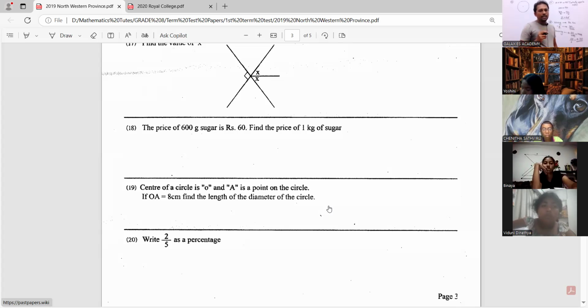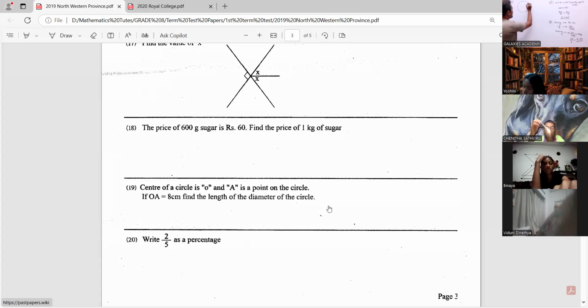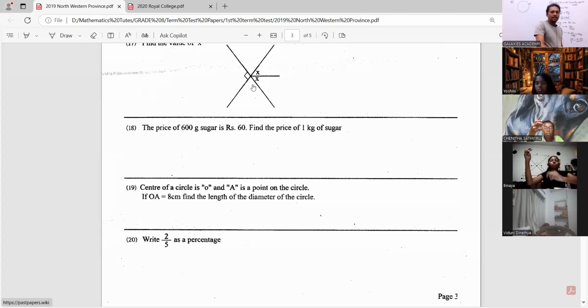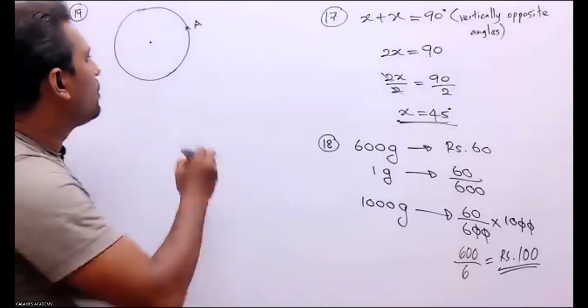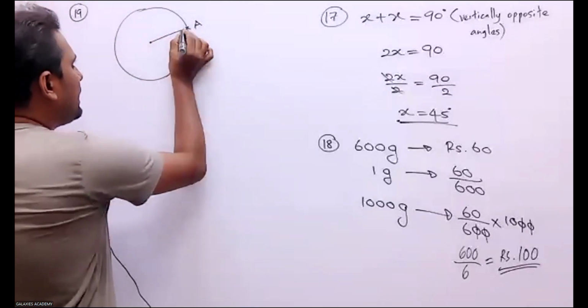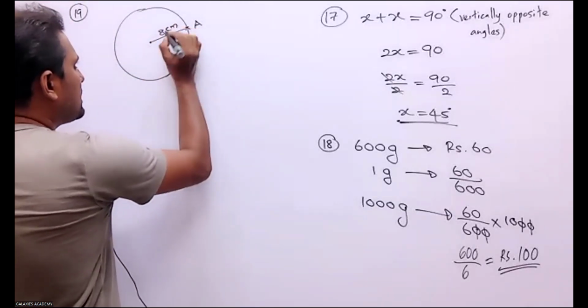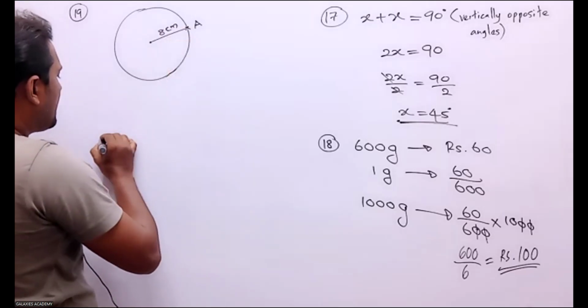Then another point is given, capital A, which lies on the circle. Then also the length of OA is 8 centimeters. Then you have to find the diameter.